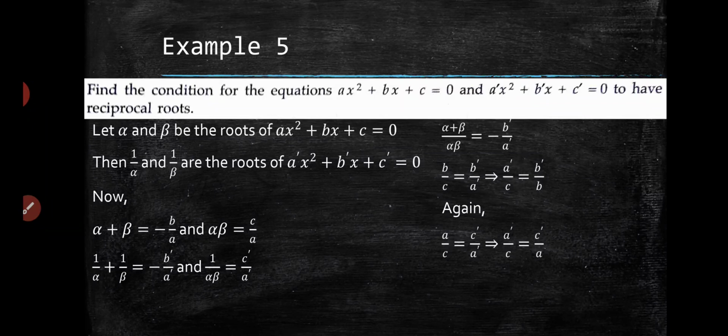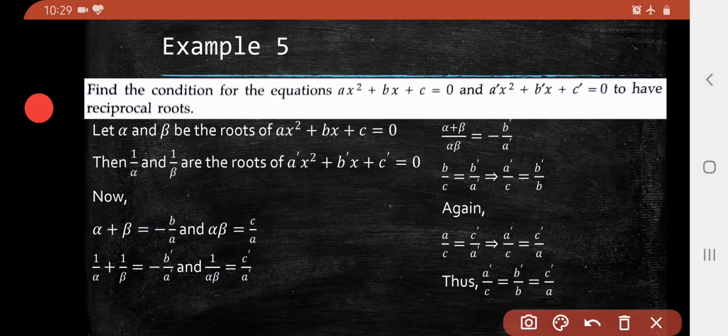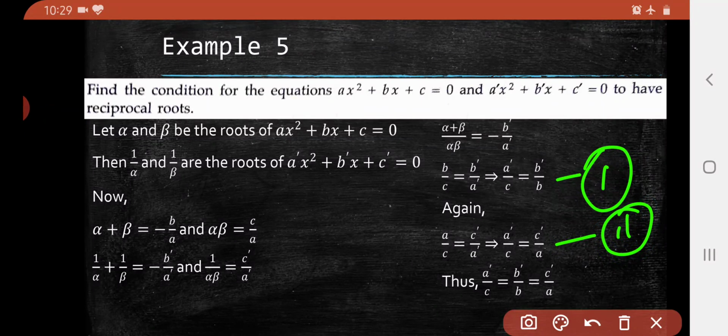So from the first one and the second one, I can write a dash by c is equals to b dash by b is equals to c dash by a. I should have marked this one, I just forgot to mark. So this should be 1 and this should be 2. So from 1 and 2 we have this, right?